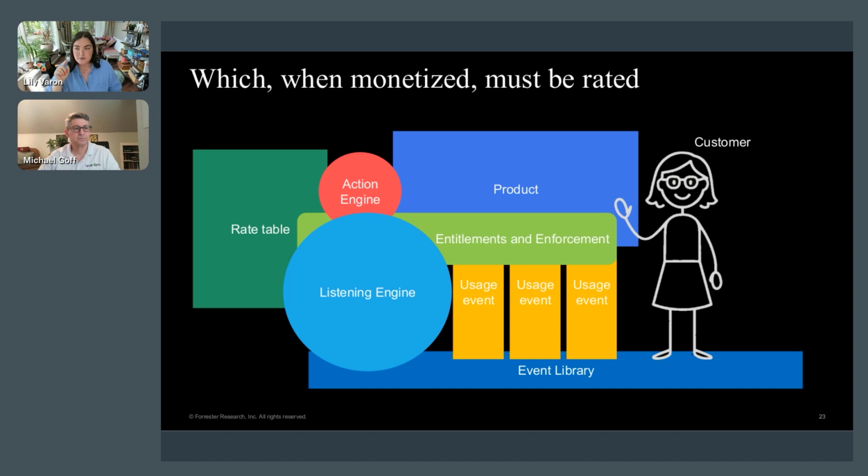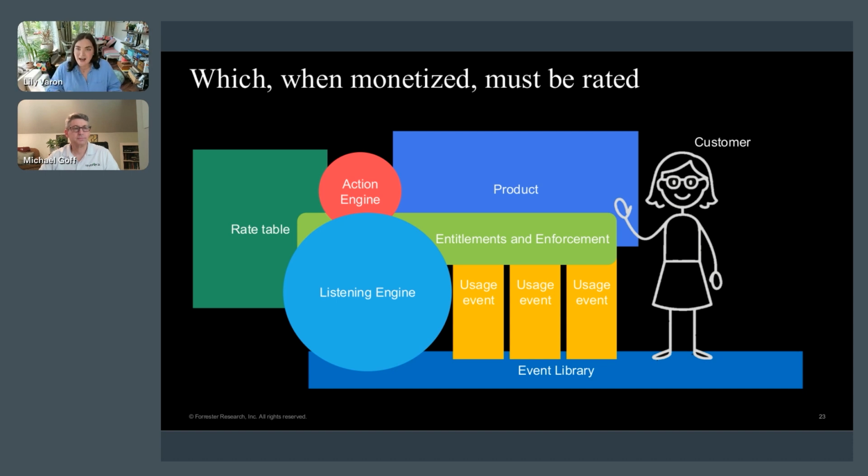Which brings me to this next point, that the rate table, the system of record for how you rate what those units of measurement equate to in value in this particular context for this customer, is a little bit of a land grab at the moment.